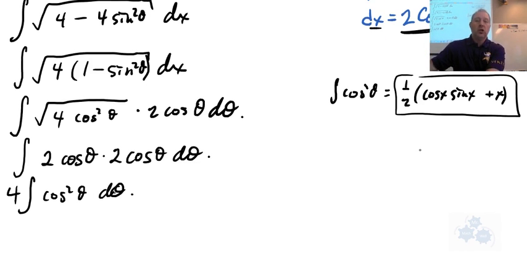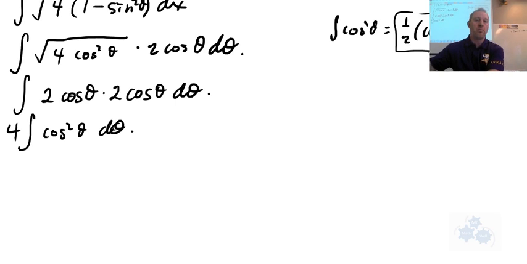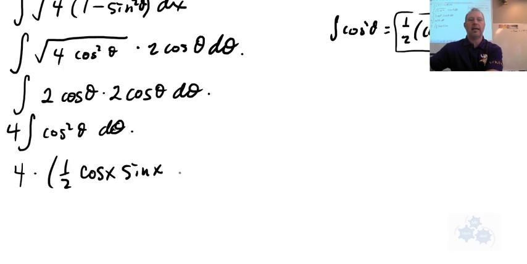All right. So again, this isn't that hard to remember, and the nice thing is that we do have a form for this. So this is actually going to be 4 times 1/2 cos x sine x plus 1/2 x.